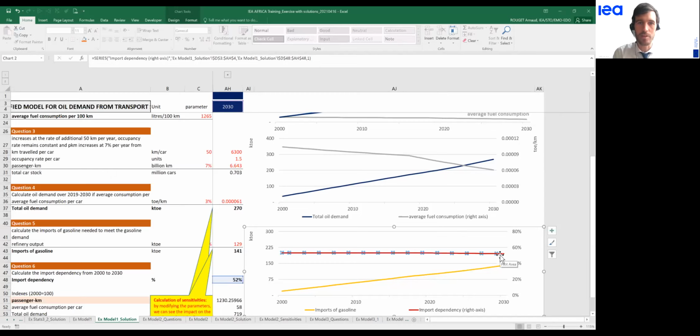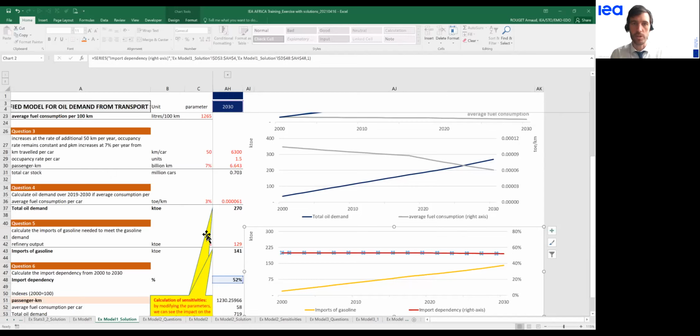So these are hypothetical data and cases, but it's just to show the dynamic of building such a small Excel tool to make some predictions, looking at demand. What do people want? People want to travel. We assume they want to travel more every year, and that there will be the same number of people per car, etc. And we come back to final energy demand.